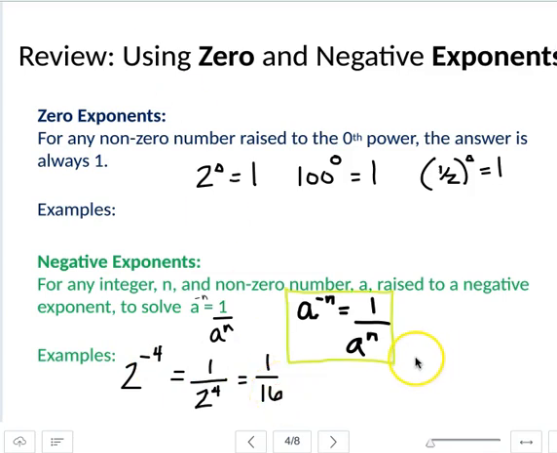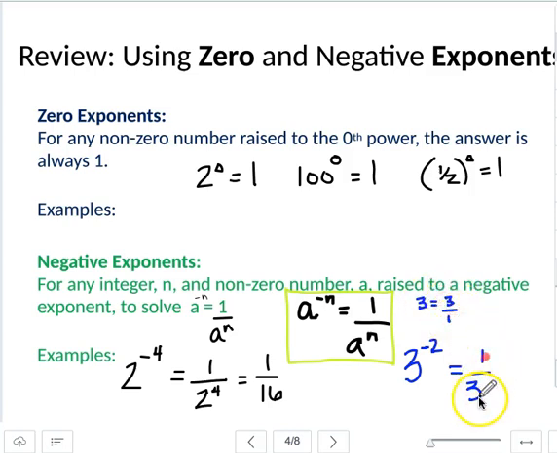So let's try another example. How about 3 to the power of negative 2? To solve this, again, we're going to start by flipping it to its reciprocal. So now 3 is going to go in the denominator, because remember, 3 is the same as 3 over 1. 3 divided by 1 is 3.